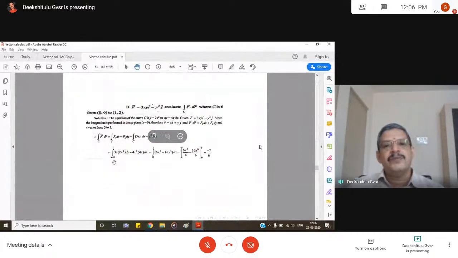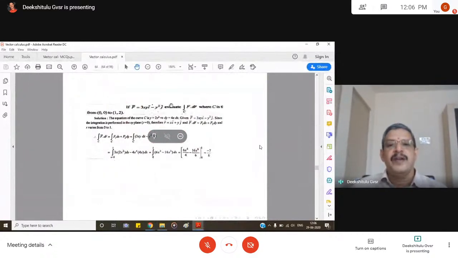So here, if F bar is equal to 3xy i minus y square j, evaluate the integral over C of F dot dr, where C is the curve, so on and so forth. The curve is given as y is equal to 2x square from (0, 0) to (1, 2). The equation of the curve is y is equal to 2x square, so dy is 4x dx, so F is so and so.